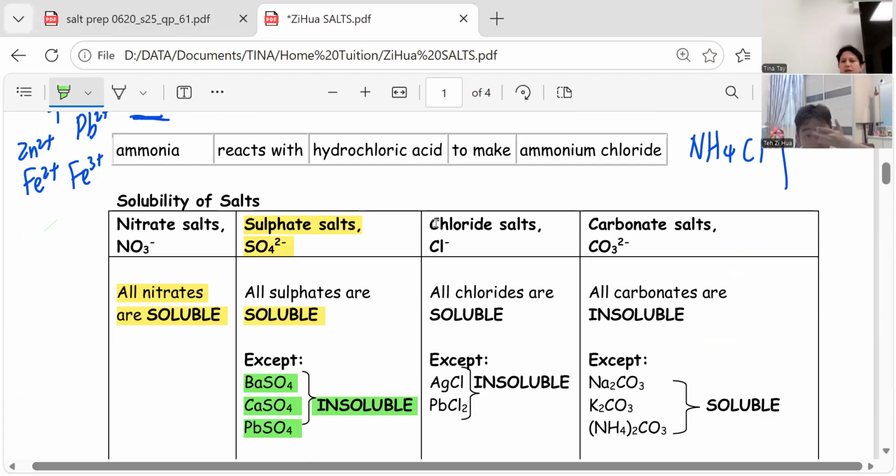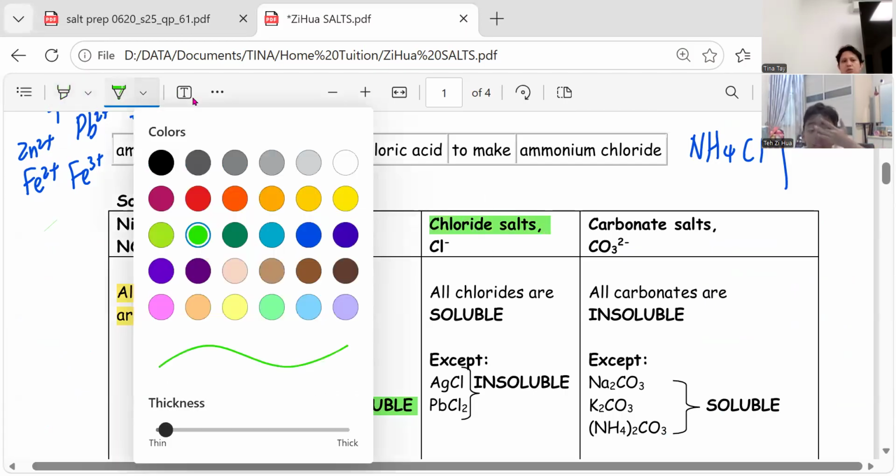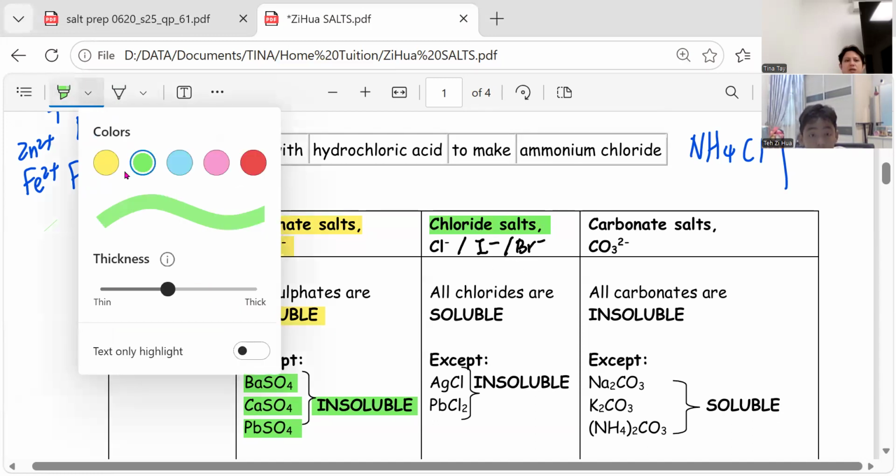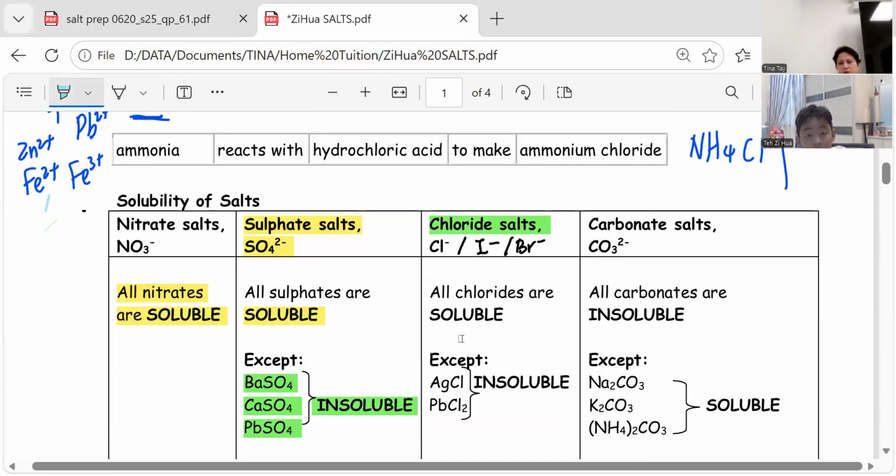Okay? Chloride salts, again, if they say chloride, it also means iodide, it also means bromide. So chloride, bromide, iodide share the same thing. Here they are saying all the chlorides are soluble, however, silver and lead are insoluble.